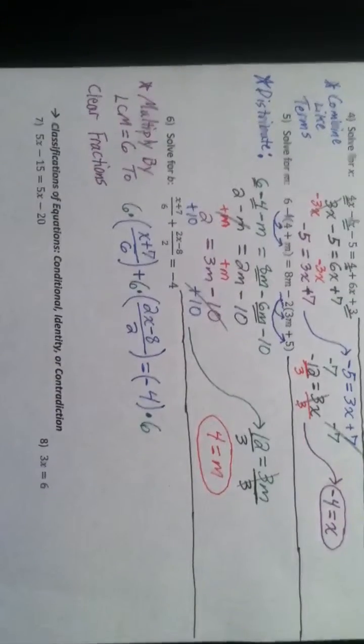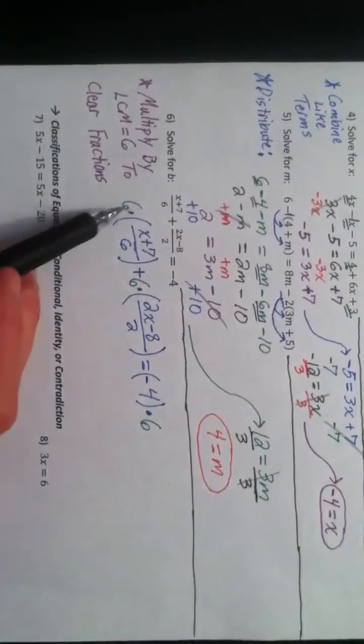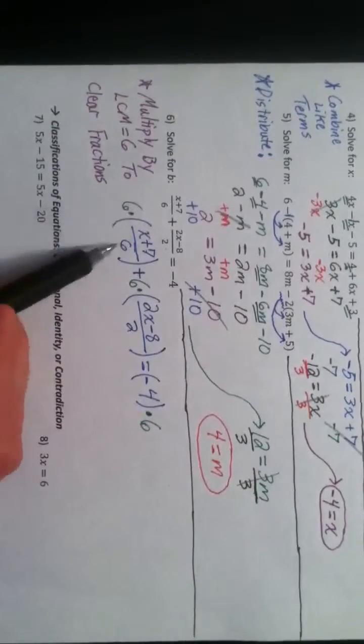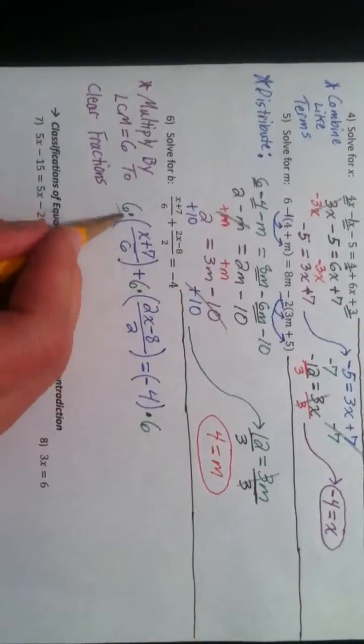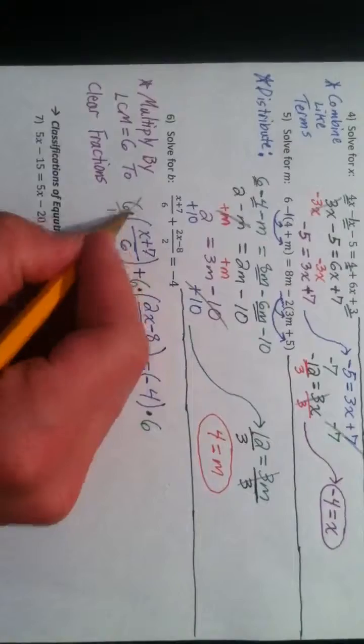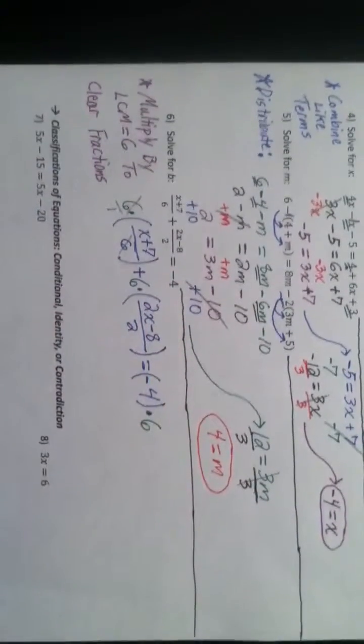So what happens? Well, if you're ever multiplying a whole number times a fraction, you can kind of look at it diagonally. If you want to, you can think of this 6 as 6 over 1, but you can reduce fraction multiplication diagonally. The 6's are going to divide each other out, essentially.